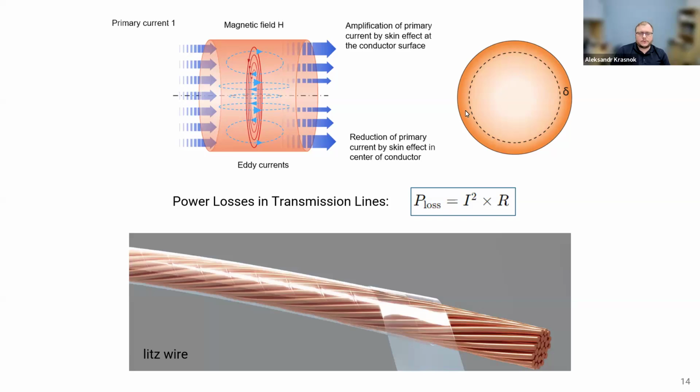Those people very much dislike when current is increased in any area, because this increasing of current means reduction of total efficiency. This is called Litz wire.